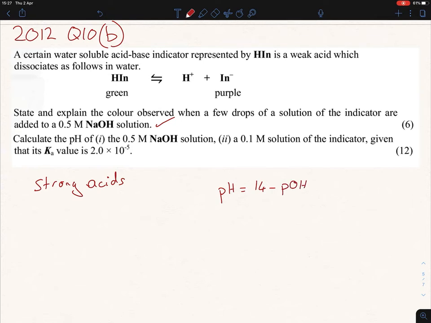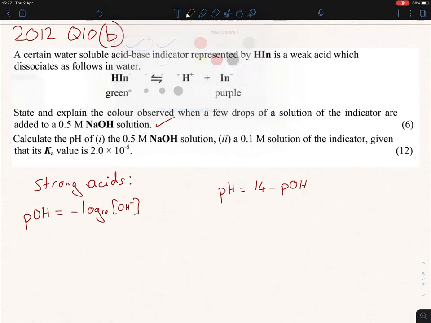Now for a strong base, the pOH equals minus log to the base 10 of the square bracket OH minus. So we'll calculate the pOH and then plug it into the formula up here.